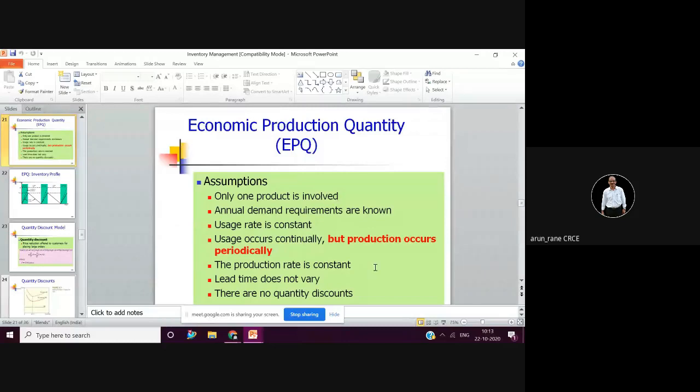Again, you have some assumptions here. You are considering only one product. Then you know the demand, that is the annual demand. You know the usage rate, that is whatever you are producing, how it is going to be dispatched.